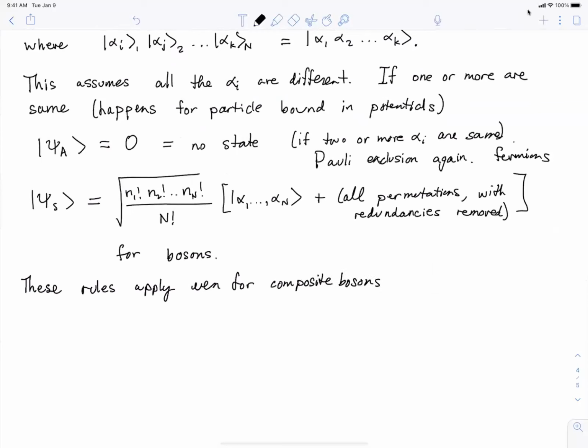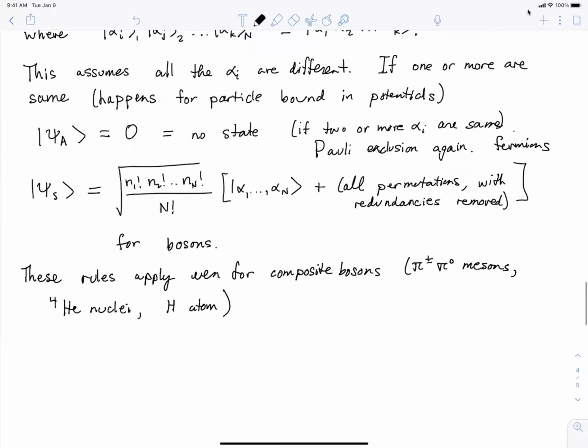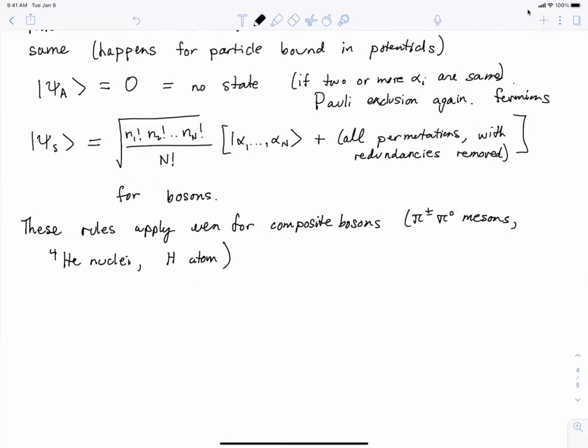Examples of composite bosons are pi mesons, which are made out of quark and anti-quark pairs, and helium-4 nuclei, and the hydrogen atom. Taken together, the electron and the proton make a boson. So the hydrogen atom is a boson, even though the electron and the proton within it are both fermions.